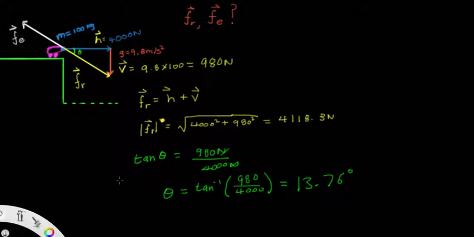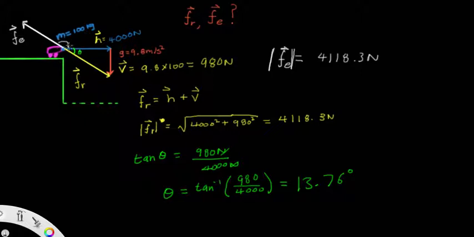And by study of physics, we know that this equilibrium force has the same magnitude as the resultant force, so we know that its magnitude is also 4,118.3 newtons. But what's interesting is that its angle is not the same as the resultant force.